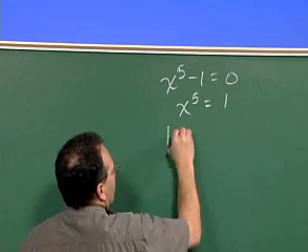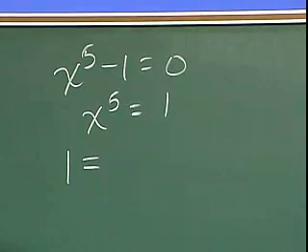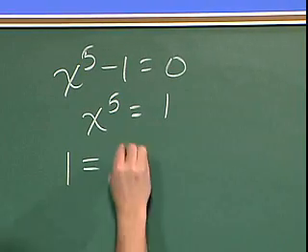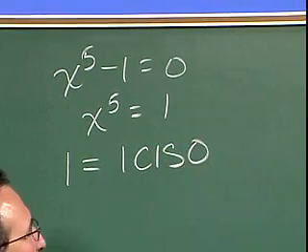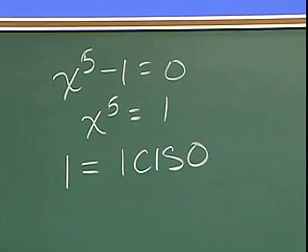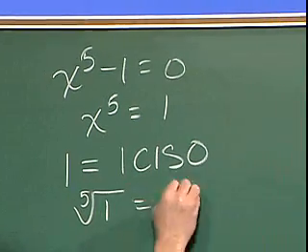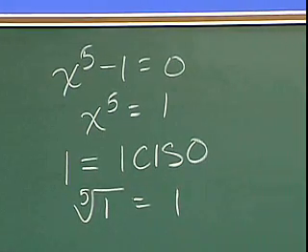1, when we convert it from its quote-unquote rectangular form to polar form, would be 1 cis 0. And the modulus, of course, is the 5th root of 1, which is 1.